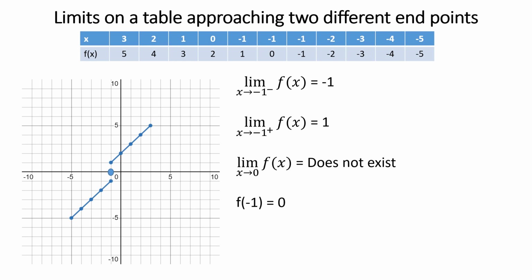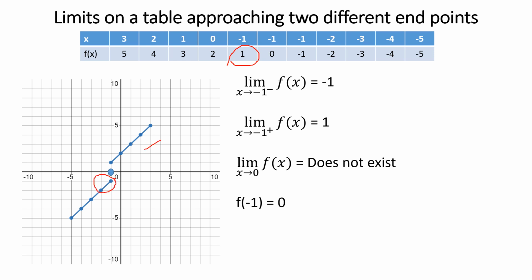I've got a jump discontinuity here, very similar. But we're going to have two different approaches. And as I see here, 5, 4, 3, 2, 1, as the x is 3, 2, 1, 0, negative 1. As x approaches negative 1 from the left, it approaches negative 1 right here.